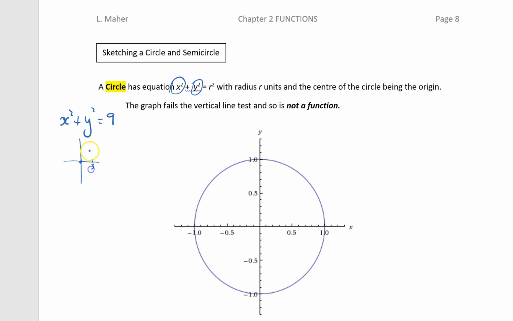So out here 3, up here 3, and just a little piece of advice: make your scales the same on both axes when you're drawing circles. Don't do this sort of thing.